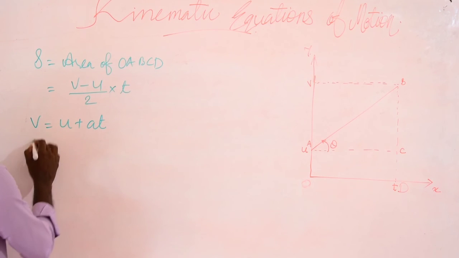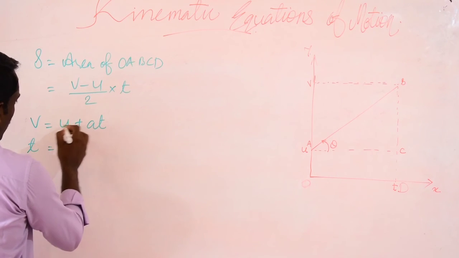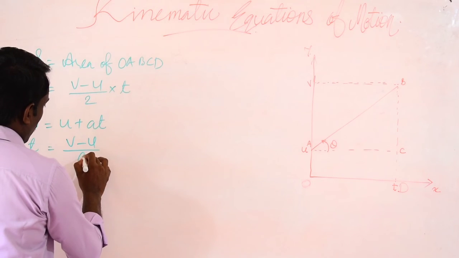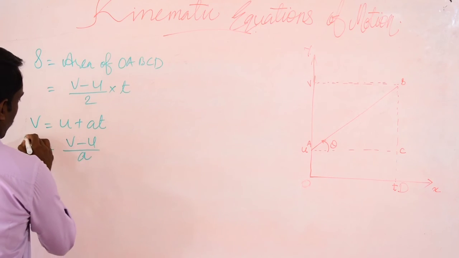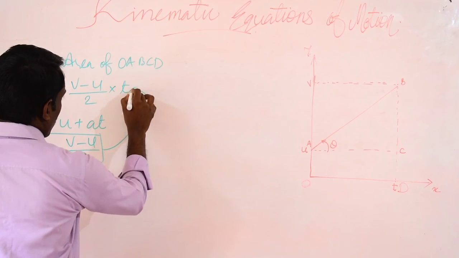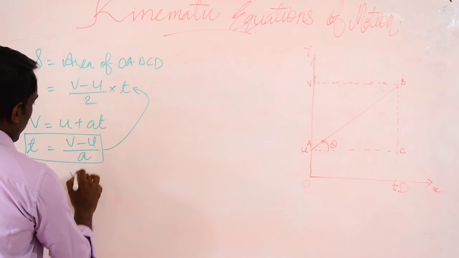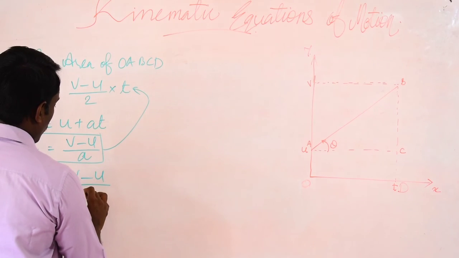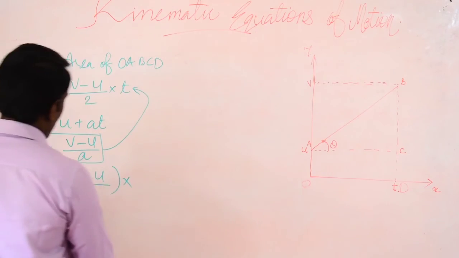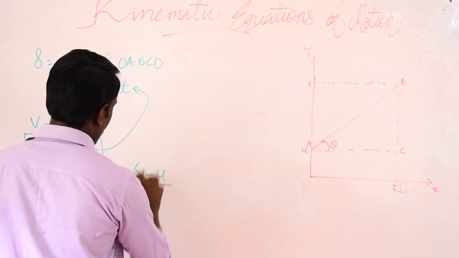So from this equation we can write T is equal to V minus U divided by A. The value of this T we are going to substitute here. Then we get S is equal to V plus U divided by 2, into V minus U divided by A.